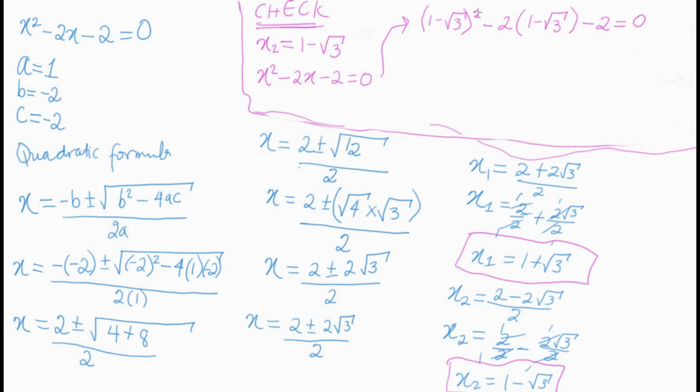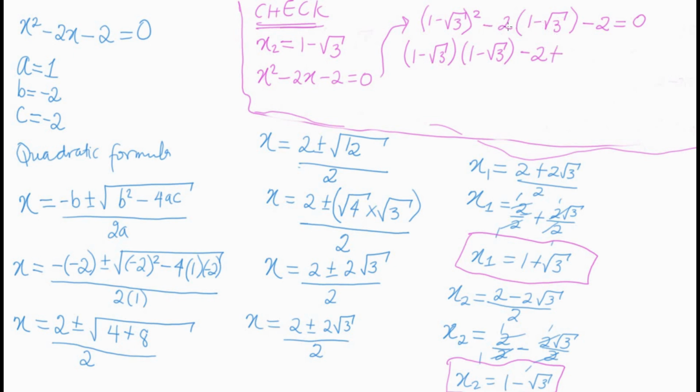So (1 minus square root of 3) squared will be 1 minus square root of 3 times 1 minus square root of 3. So now we're going to expand this right here. So minus 2 times 1 will just give us minus 2, and minus 2 times minus root 3 will make it positive, because this value here and this value here will become positive.